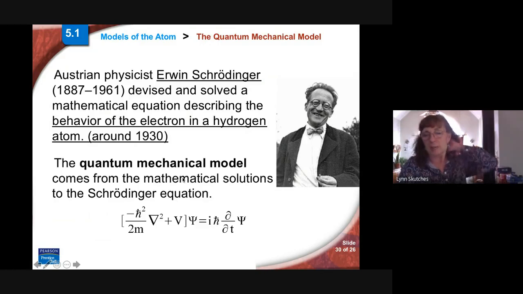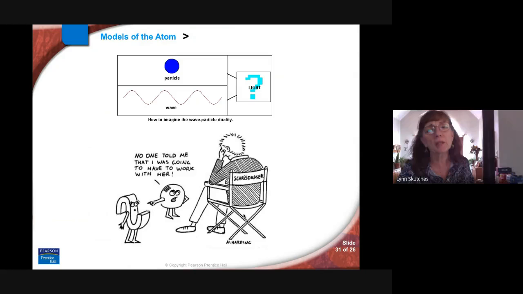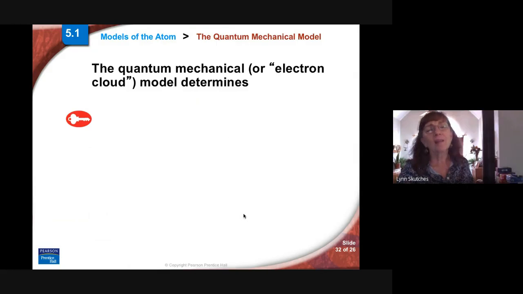And his math worked not only for the hydrogen atom, but for larger atoms as well. And we now explain the atom as what's fondly called the quantum mechanical model, but more commonly called the electron cloud model.